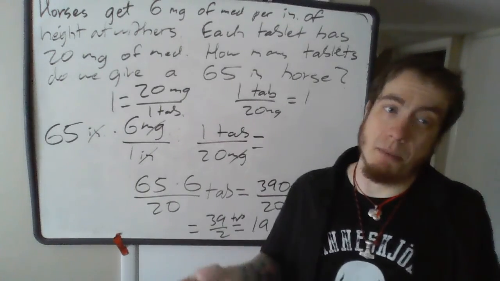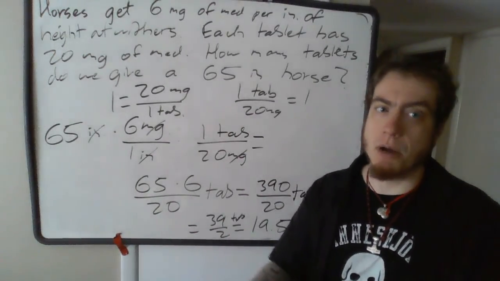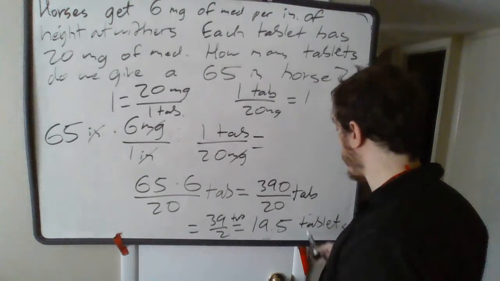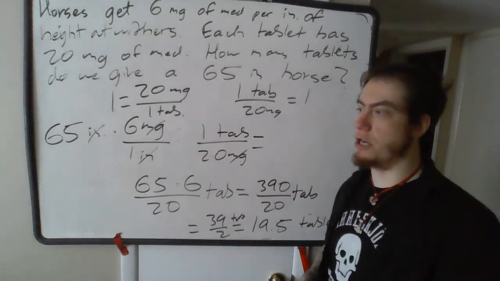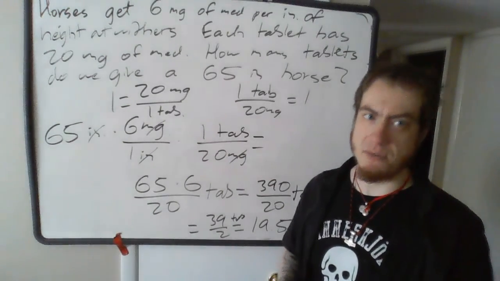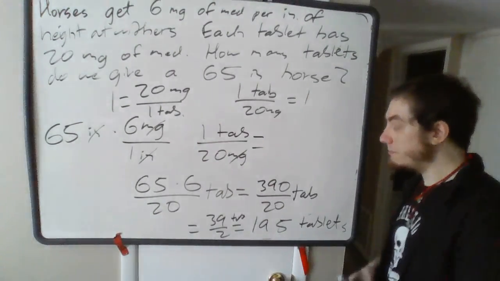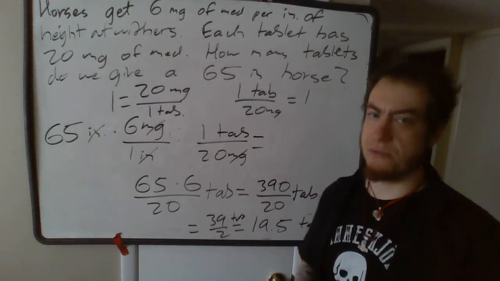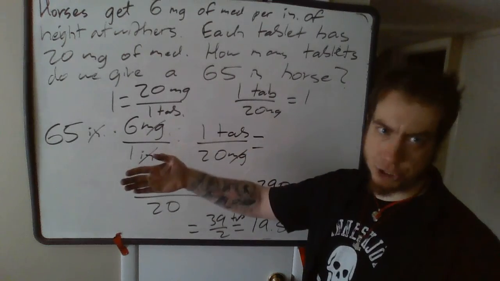Kind of depends on the tablet. Maybe some tablets are made so you can divide them up more easily, but just as a general rule, be aware that, again, consult the documentation. Don't take my word for this. I am not a vet. I am just a mathematician. And see the documentation for what to do if the number of tablets comes out to a fraction.